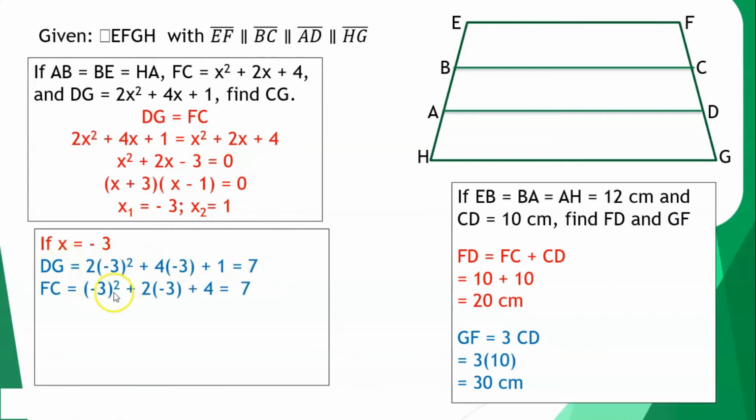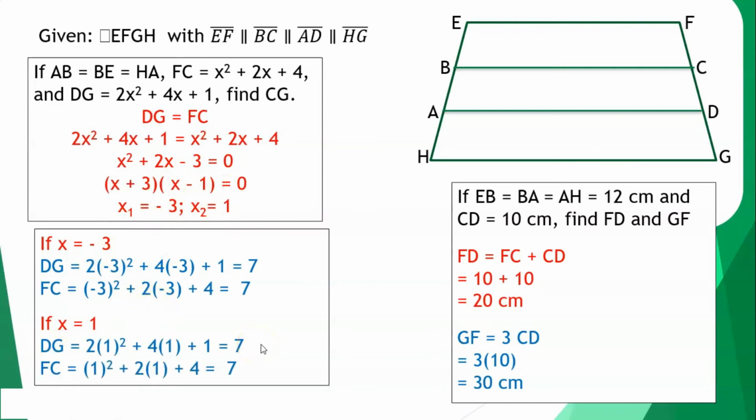And finding FC, substituting will end up with 7 as well. Now if x is equal to positive 1, substituting, DG here is still 7, FC is still 7. So with that, to find CG, C to G is basically twice the distance of DG, in which it is 7, so that would become 14.